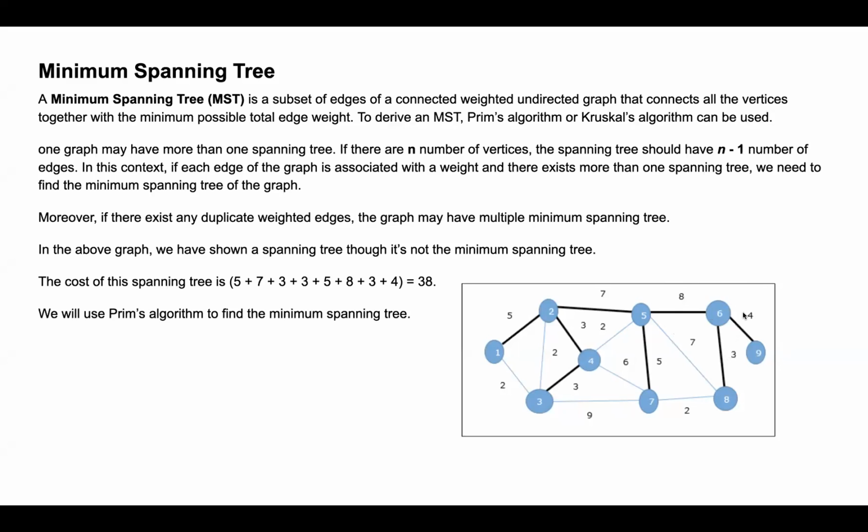Okay, all these are the weights of the spanning tree, and the weight total is 38. The addition of all these weights becomes 38.